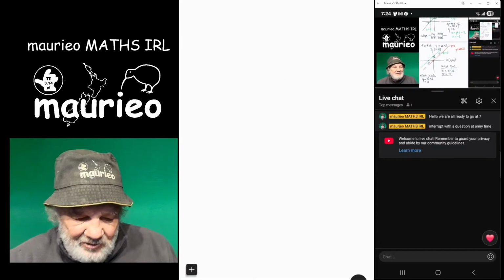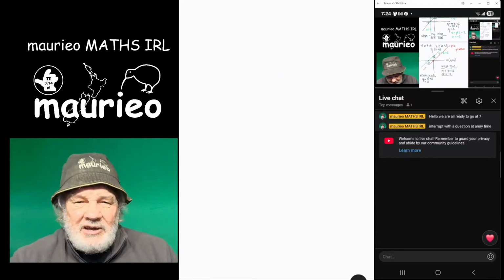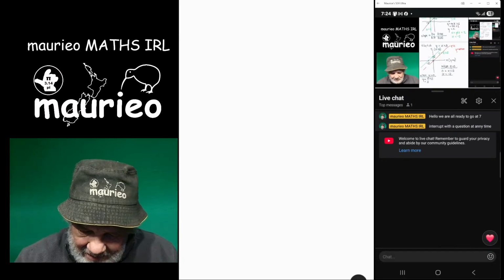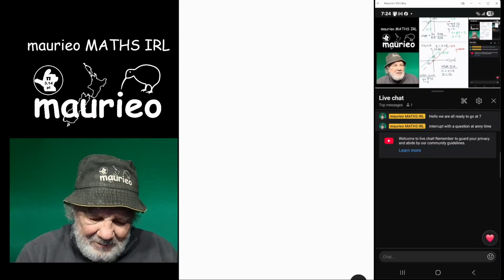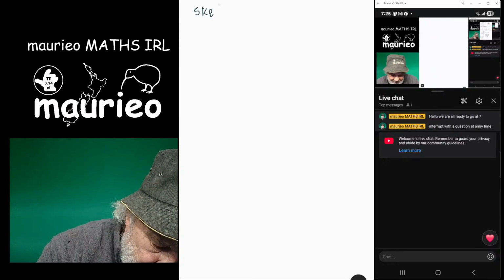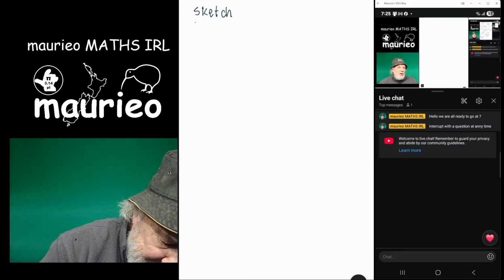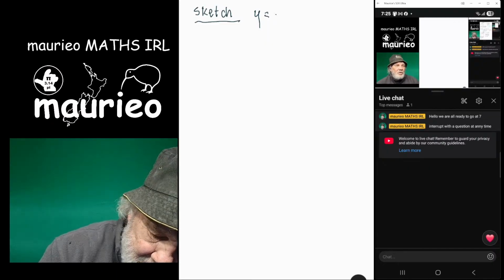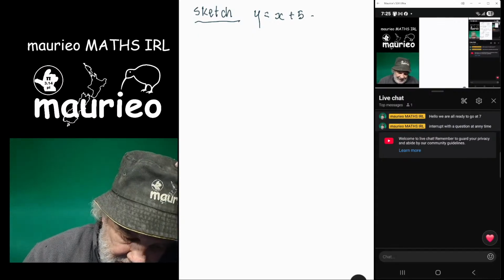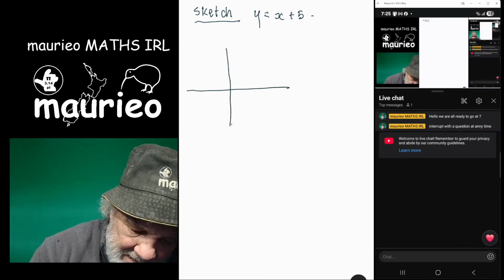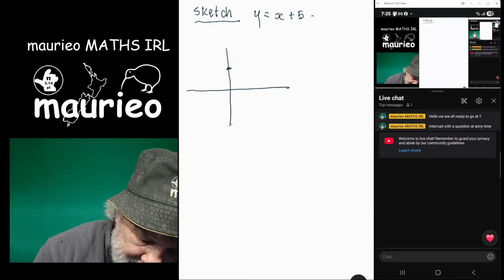Straight line graphs. So what we want to be able to do is to get to the point where we can draw or sketch straight line graphs. Let's sketch y equals x plus 5. I'll do that here. I know the y-intercept's going to be 5.